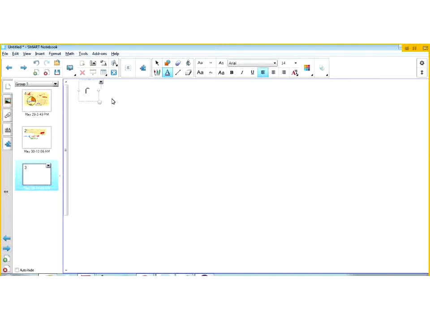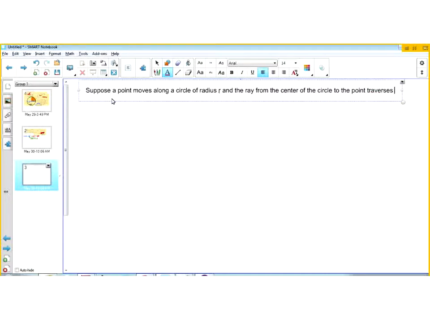Suppose a point moves along a circle of radius r, and the ray from the center of the circle to the point traverses theta radians in time t.